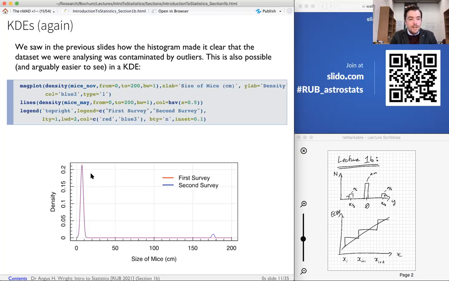What we find is that the red line here shows the first survey, and now it's very clear that there is no information in the first survey out at this outlier peak, because the line is very clearly at 0. You can furthermore see that the distributions here at low values of the size are almost identical, which I would argue is easier to see with the KDE than it was with the histogram. So the KDE is very useful for doing this sort of direct comparison.